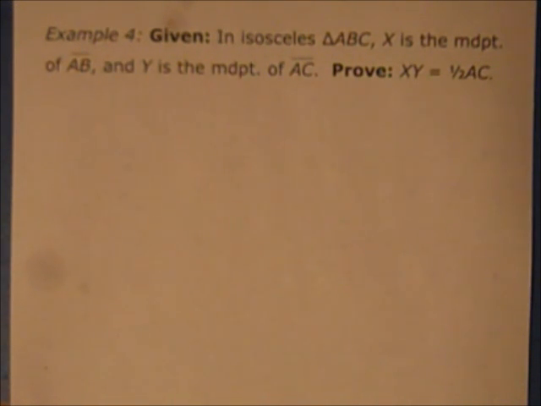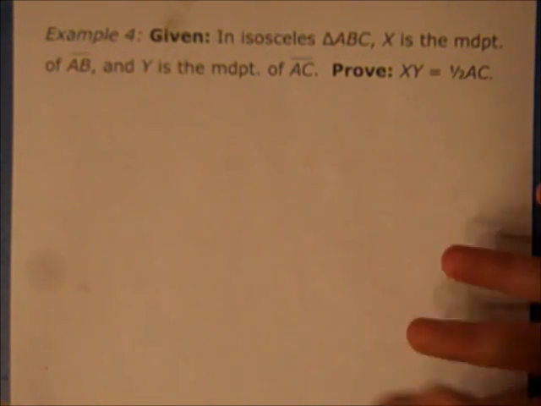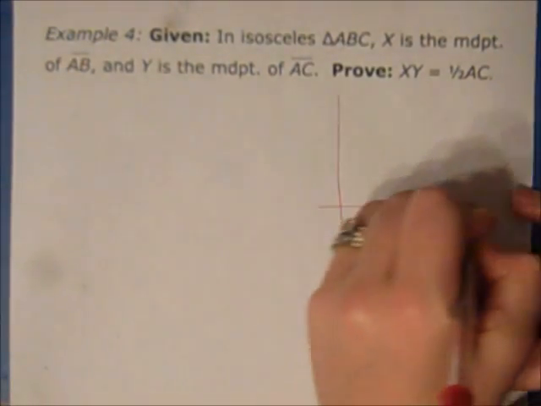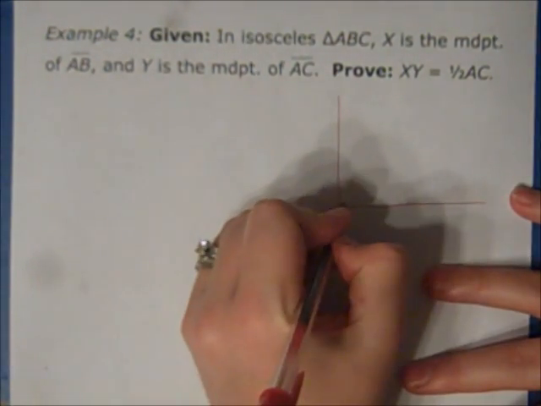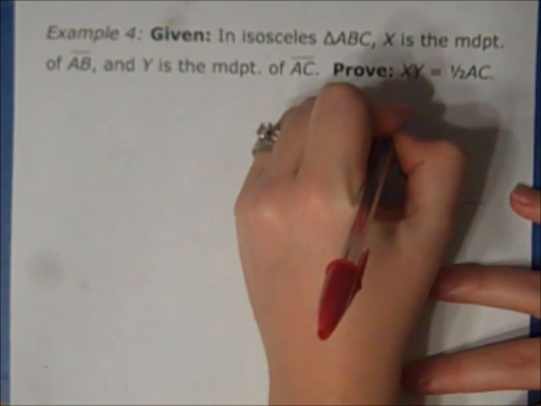And it says, in an isosceles triangle ABC, x is the midpoint of AB and y is the midpoint of AC. Prove that xy is half of AC. So let's get this on here and let's get it all marked out.